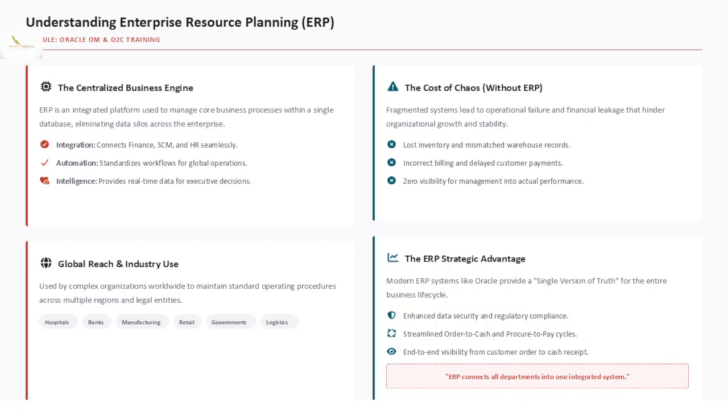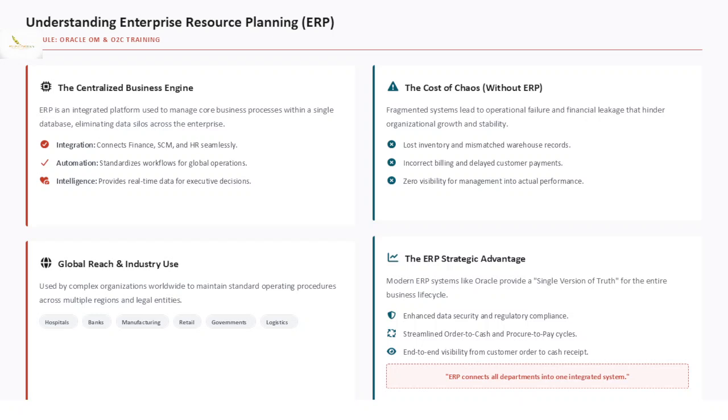So Oracle ERP creates what we call a single version of truth. Okay, meaning all departments operate using the same enterprise data.